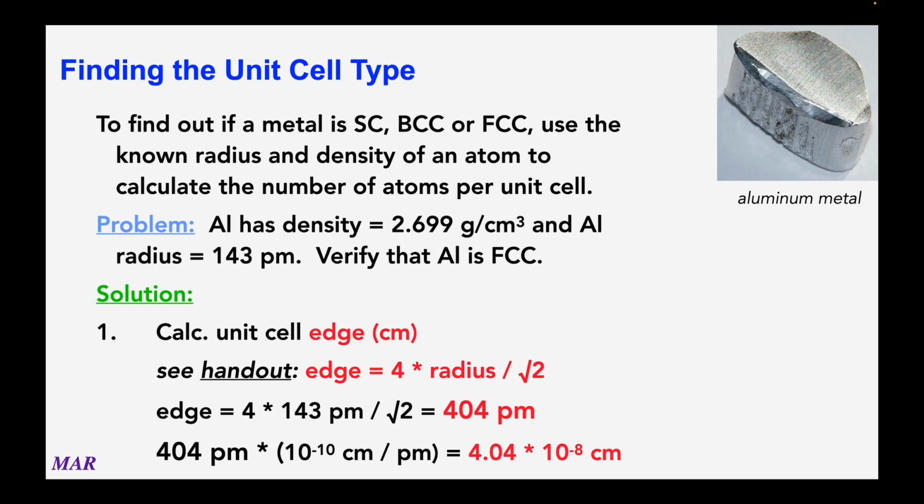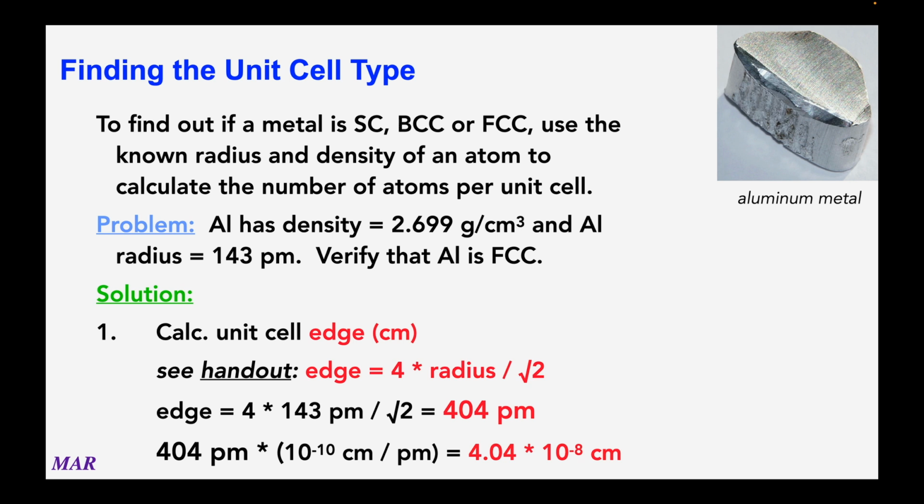Now, in the next step, we're going to take the edge and we're going to cube it, because edge is length, and length times length times length equals volume. But because these are cubes, length, width, and height are all the same. So edge cubed equals volume. We're going to turn this edge into a volume. But if we do an edge in picometers and we cube it, we're going to get a volume of picometers cubed, which is quite crazy to deal with.